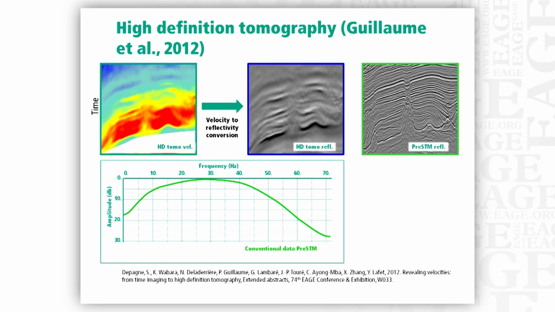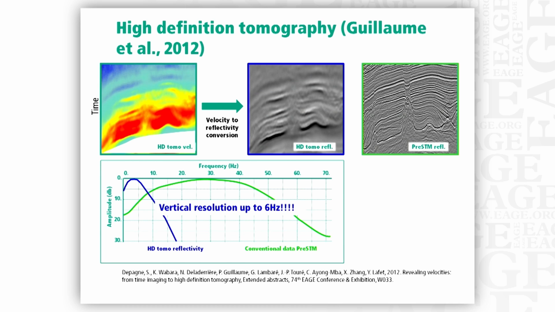Here is what is obtained within the velocity model, obtained with high-definition tomography, converted to reflectivity with some simple hypotheses on the density, and here is the resulting spectrum. You see there is a very limited gap between the two curves. The mid-frequency gap is in part filled by the new type of tomography.